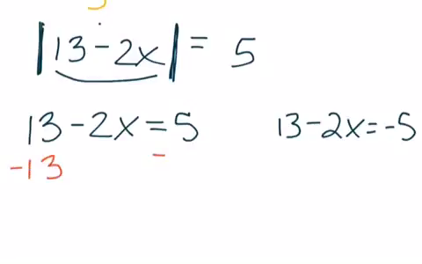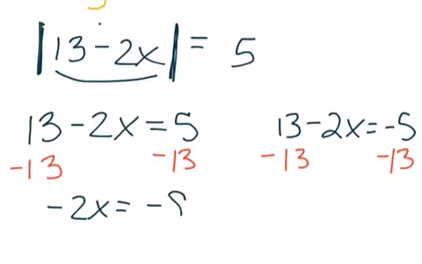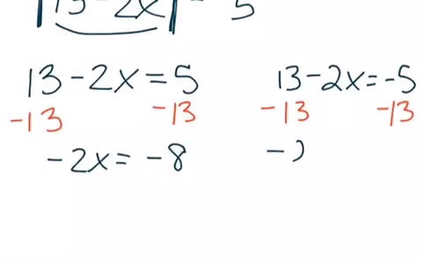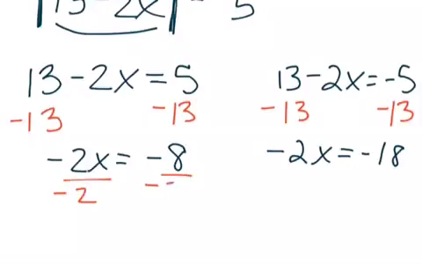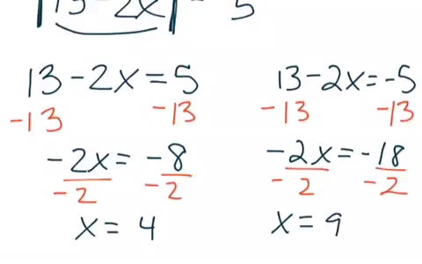I'm going to subtract 13 from both sides for both of them. So I get negative 2x is equal to negative 8, and negative 2x is equal to negative 18. Divide both sides by negative 2 for both of them, and I get x is equal to 4 and x is equal to 9.